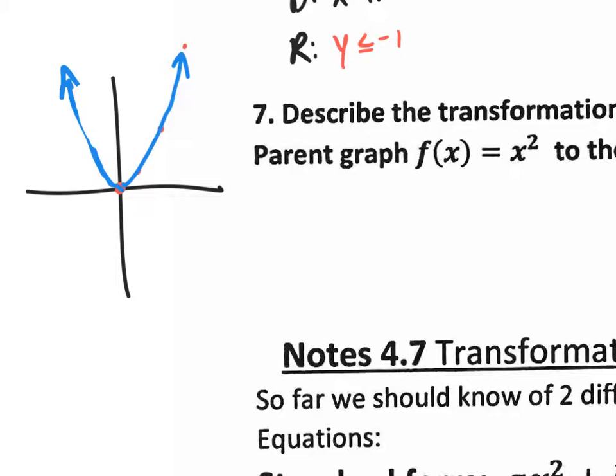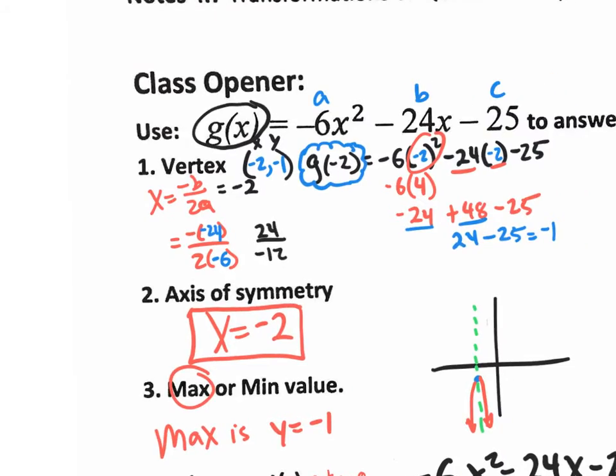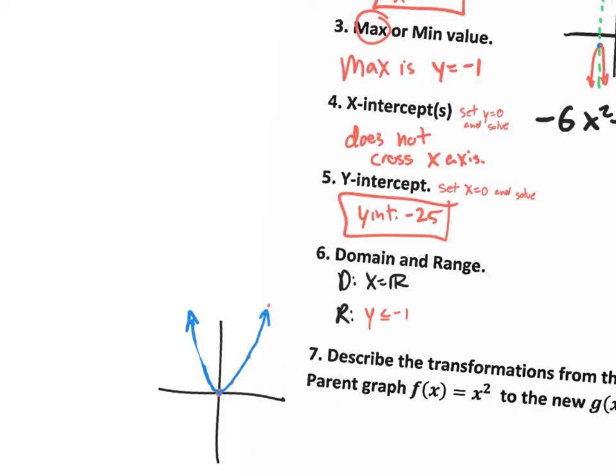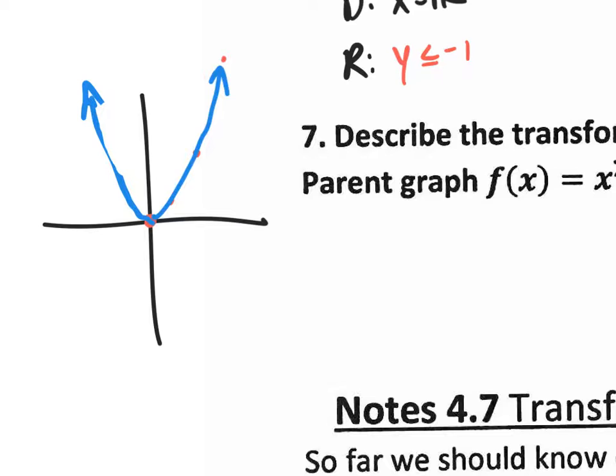So they want us to describe the transformations. So looking at our g of x function, you start analyzing the a value. What's the first type of transformation that happens from this blue parent graph parabola with that a value of being negative? What happens? It gets reflected over the x-axis.